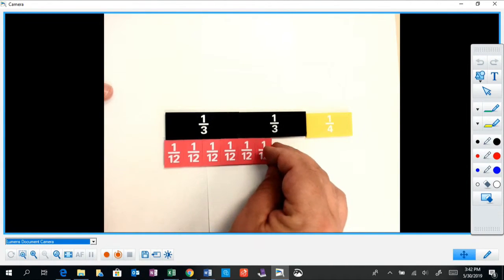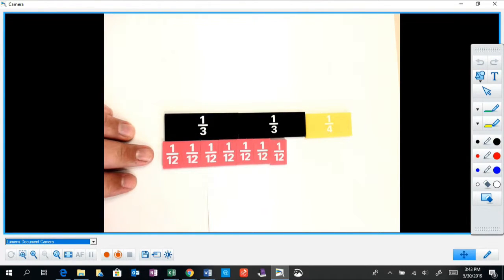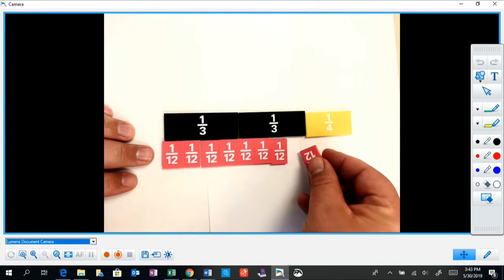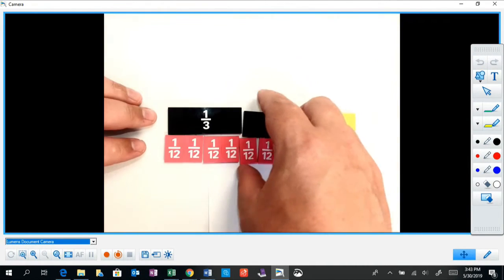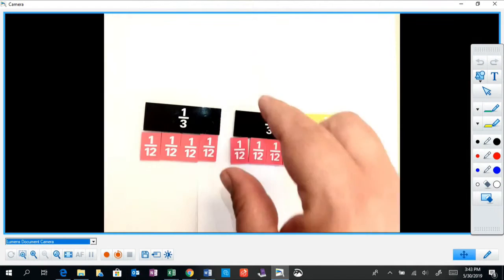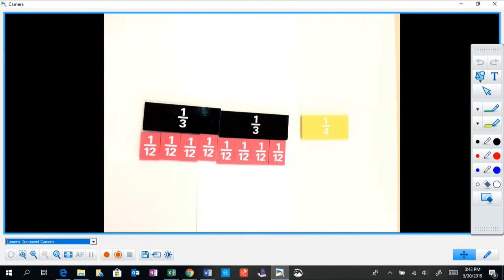So if I put all those together and we look at what that works out to, we can see that each third is represented by 4/12. So 2/3 would be 8/12.